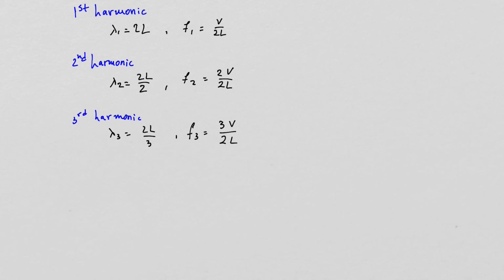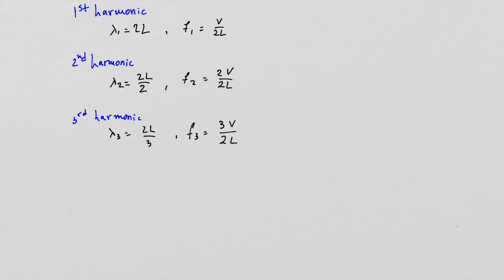Notice that for the first harmonic, the wavelength is equal to 2 times the length of the string. For the second harmonic, the wavelength is equal to 2 times the length of the string divided by 2. For the third harmonic, the wavelength is equal to 2 times the length of the string divided by 3. So with each consequent harmonic, the wavelength essentially is divided by the harmonic number.